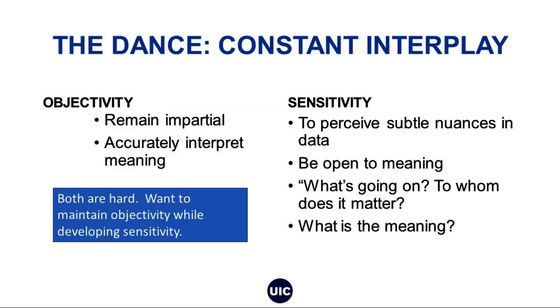So this interpretation and meaning making really is this constant interplay of trying to be true to the data and accurately interpret the meaning, but be sensitive, be able to perceive subtle nuances, be open to new meaning, and really question what's going on, to whom does this matter, what is the meaning, and even again one's own positionality and reflexivity with respect to the data.